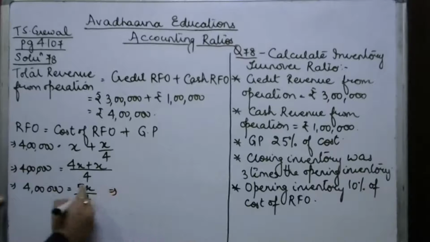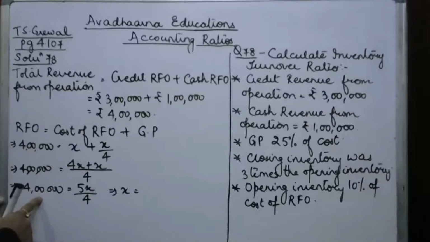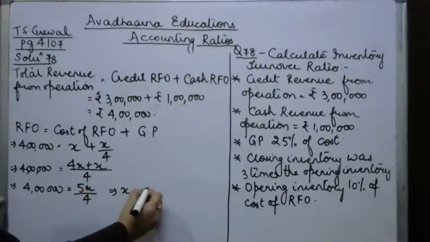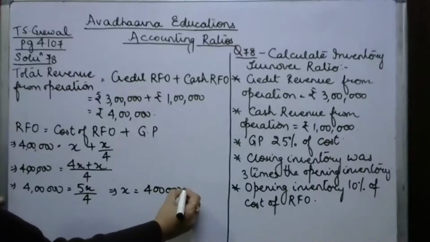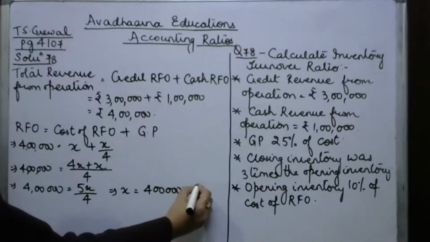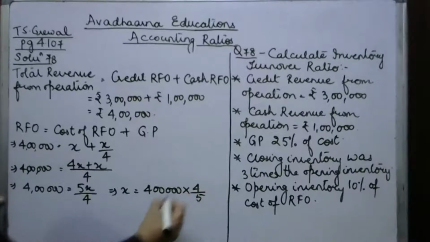Now if I need to solve it for x, I'll take the reciprocal and move this fraction 5 upon 4 to the other side. So x will be equal to 4 lakh into 4 upon 5.